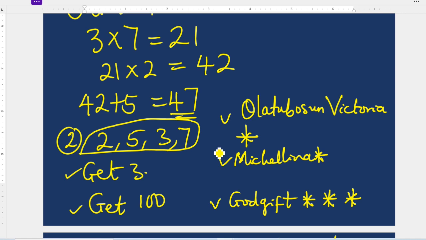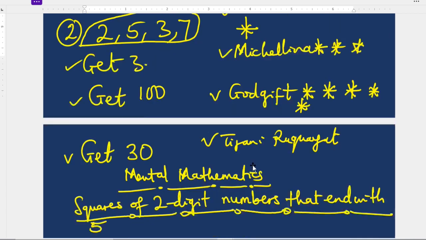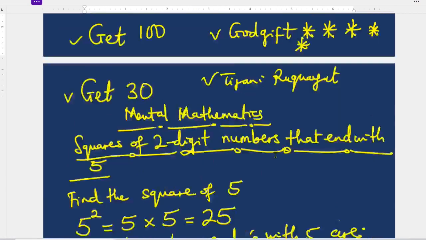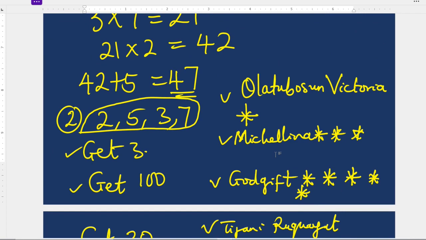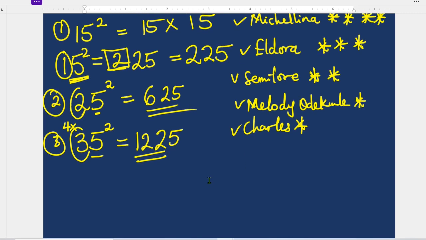So let me give you the double stars now. So I have Michelina, double star, 1, 2. So God gift will also have 1, 2. All right. Then Oladipupo, what's your name? Okay, Michelina already has 2 stars before. Sorry. Let me write it here. Then let me bring in God Gift's name here.